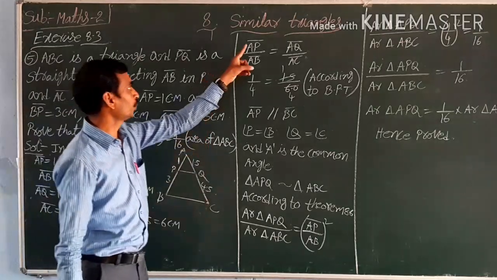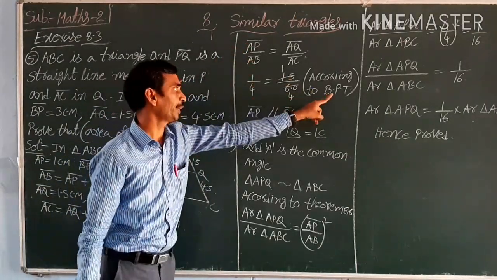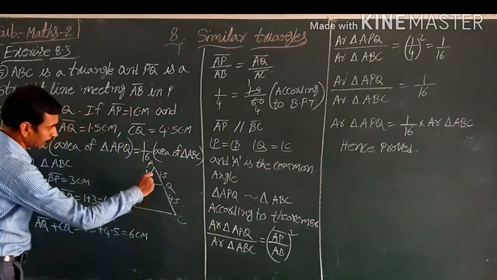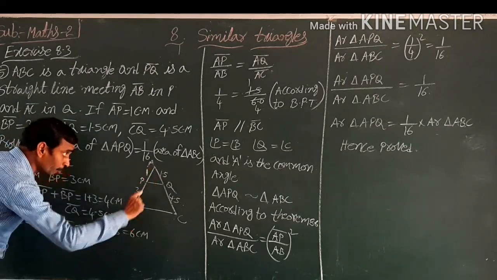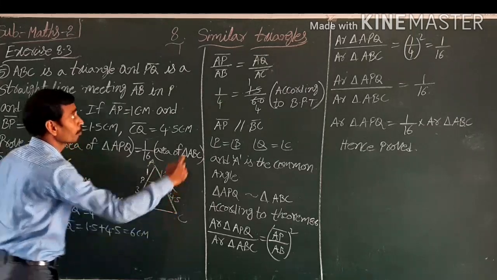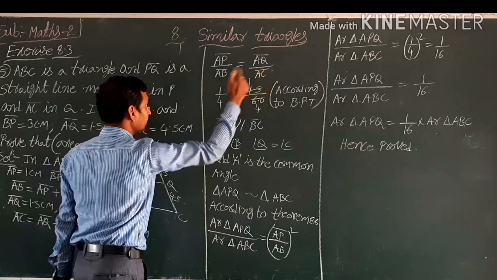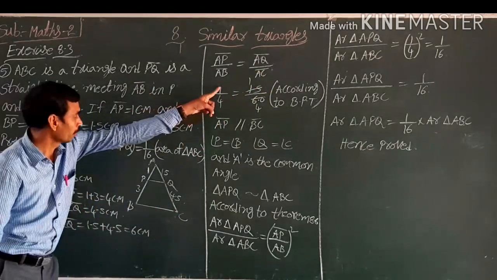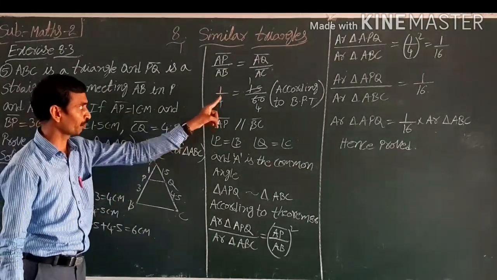Now, we are using the BPT theorem, the basic proportionality theorem. Find the ratio of AP and total side AB, and next AQ and total side AC. AP by AB is equal to AQ by AC. Here AP is 1 and AB is 4, so 1 by 4.